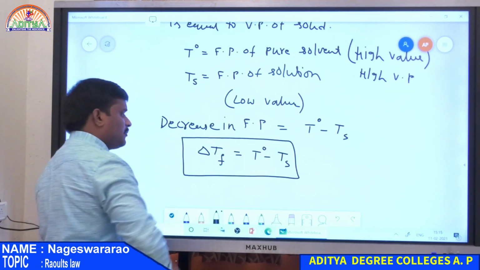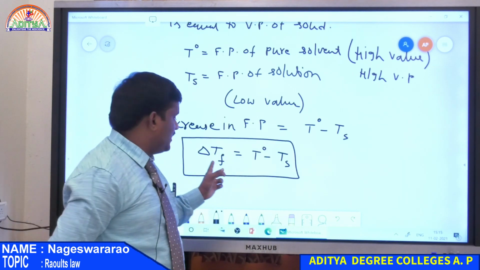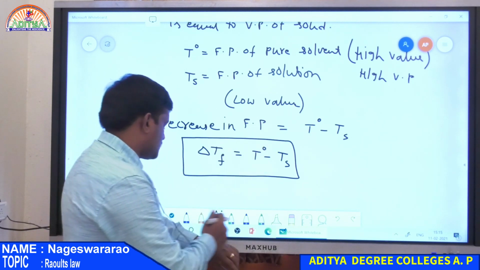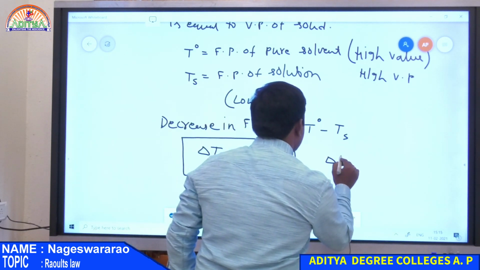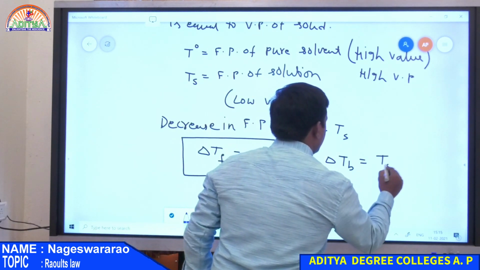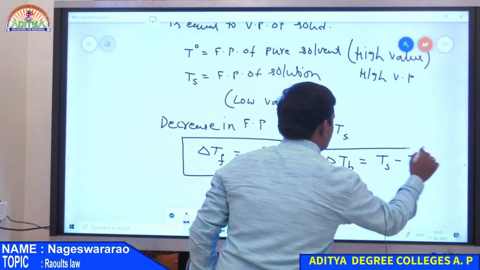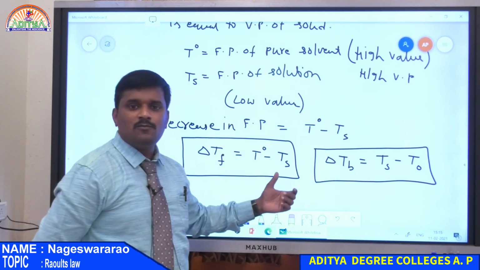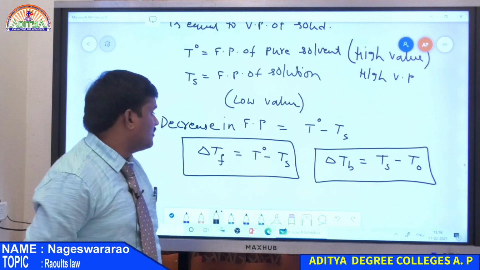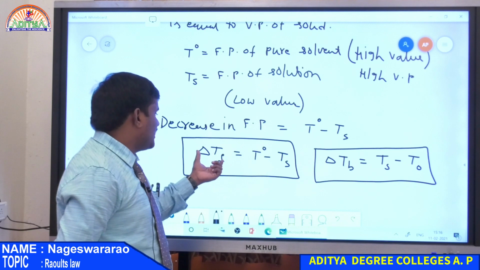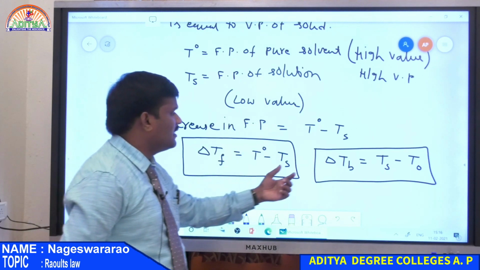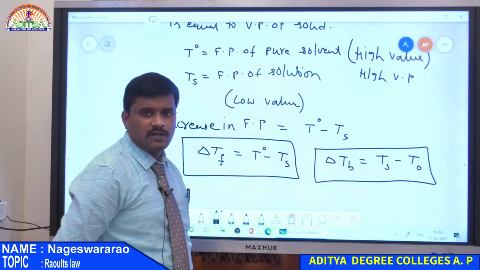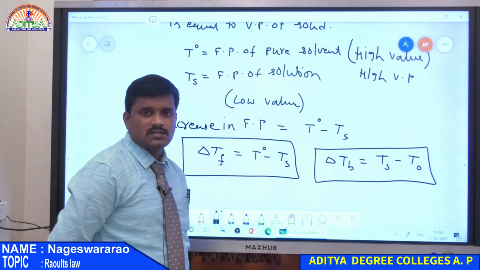This is the third colligative property, delta Tf, depression in freezing point, always given by T naught minus Ts, whereas in the second one, delta Tb is equal to Ts minus T naught. Both are colligative properties and hence both depend on the number of moles of solute. We can derive tomorrow the relation between delta Tf and the number of moles, similarly delta Tb and the number of moles. So time is up, we stop here today and you can derive it in the next class. Thank you.